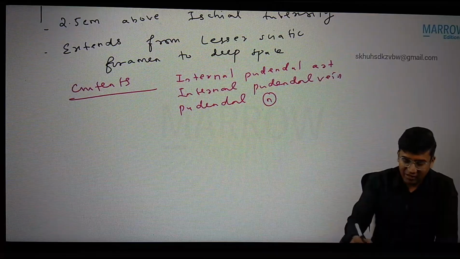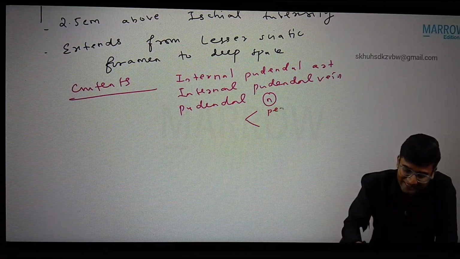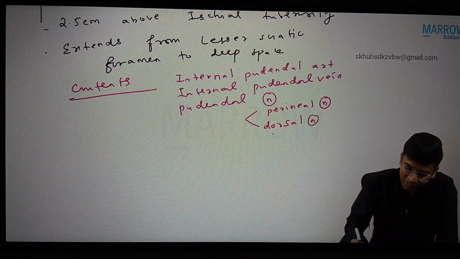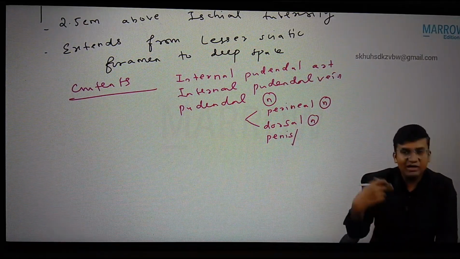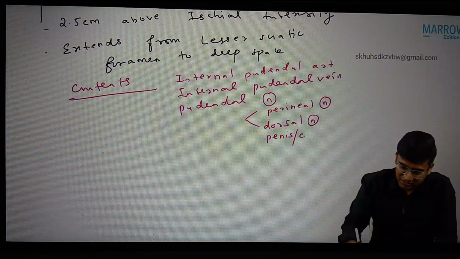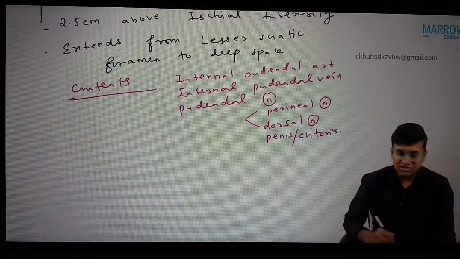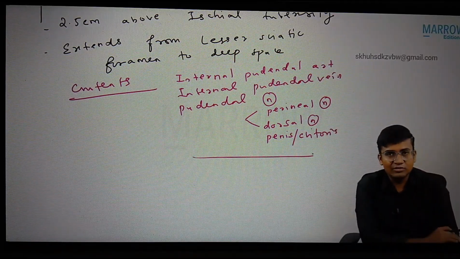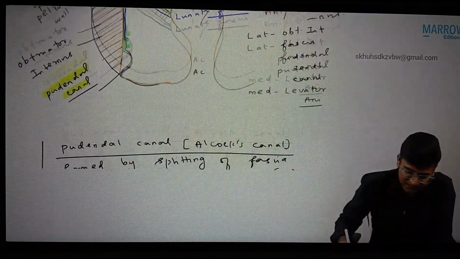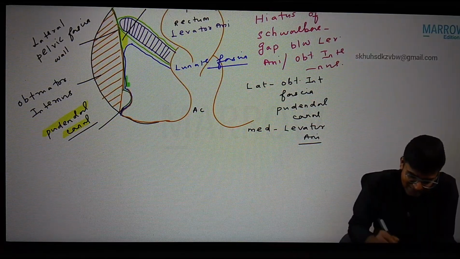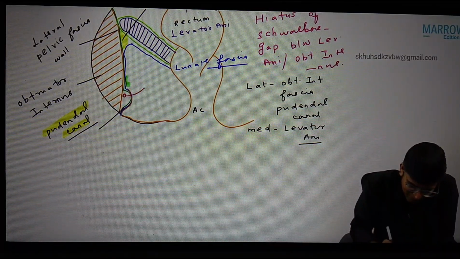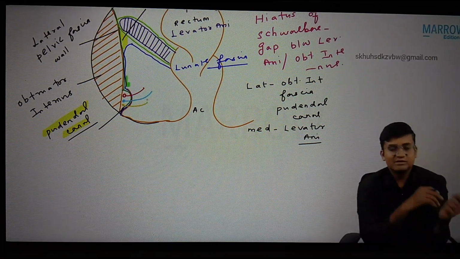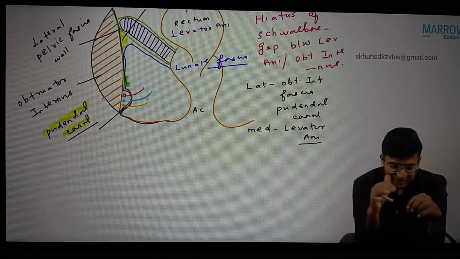The pudendal nerve in the canal divides into the perineal nerve and the dorsal nerve of the penis. In females, the counterpart is the dorsal nerve of the clitoris. These are the contents of the pudendal canal. See the diagram: this is the internal pudendal artery, internal pudendal vein, and pudendal nerve. So that's all about the pudendal canal.